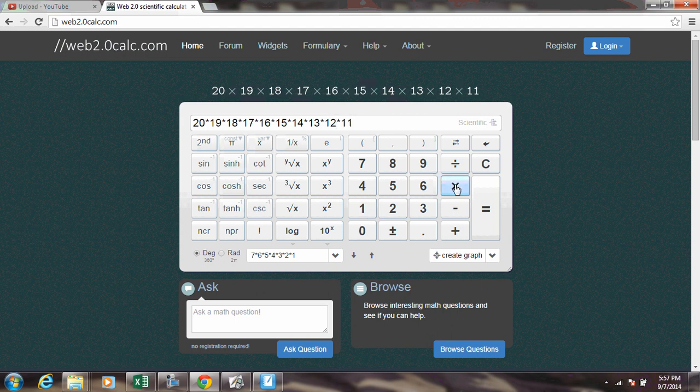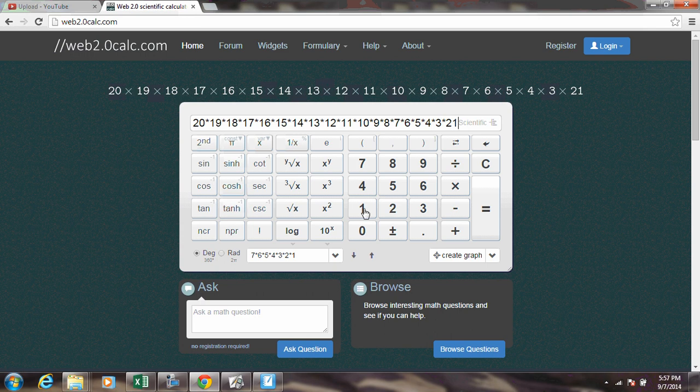So you do have to be careful when working with these pieces. 7, 6, 5, 4, 3, 2, like this. You see how I have 21 at the end instead of 2 times 1? That would, of course, change the answer. You've got to be careful about things like that.